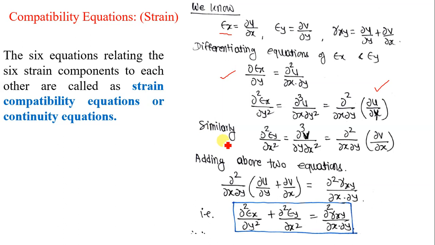Similarly, we can differentiate epsilon y with respect to x twice, and we will have this result. Thus we have the first relationship and this is the second relationship.